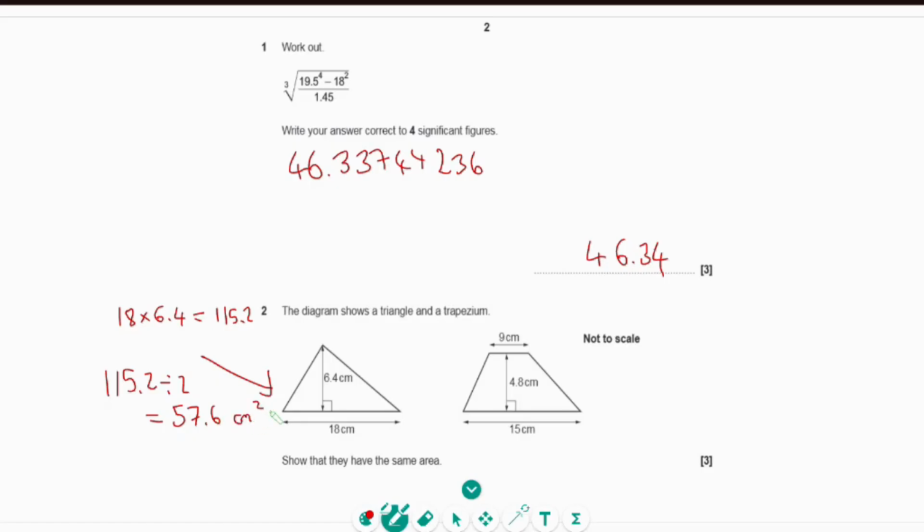And how do you find the area of a trapezium? Half a plus b times the height.